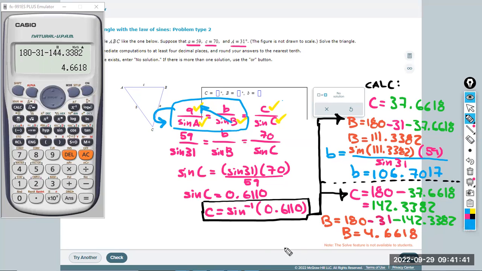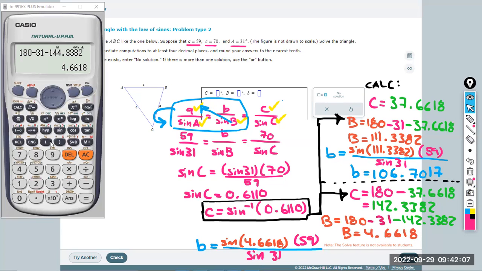And the final part is going to be sine of the angle we just got, sine of 4.6618, times 59, the given value of A, divided by sine of angle A that was also given.